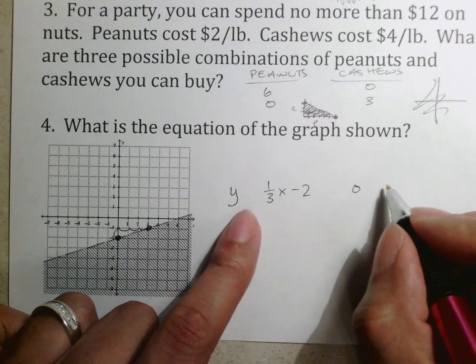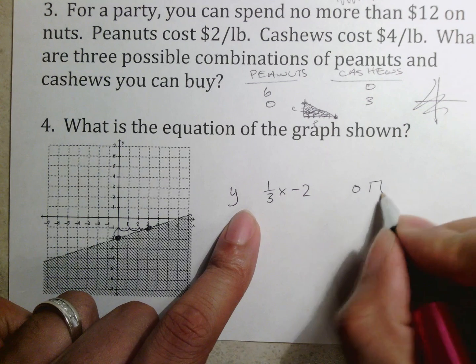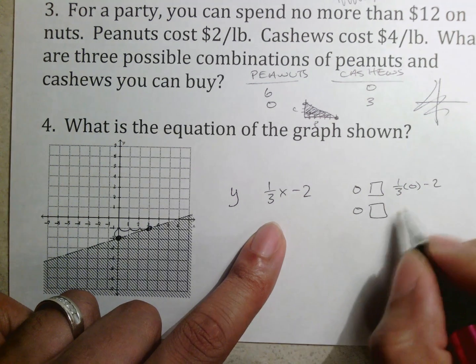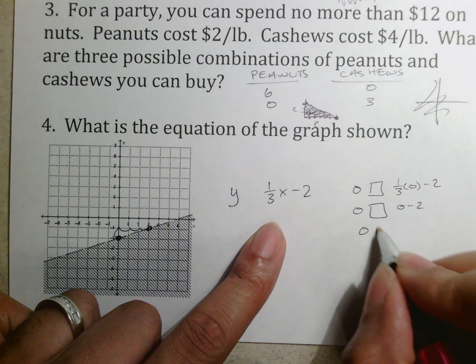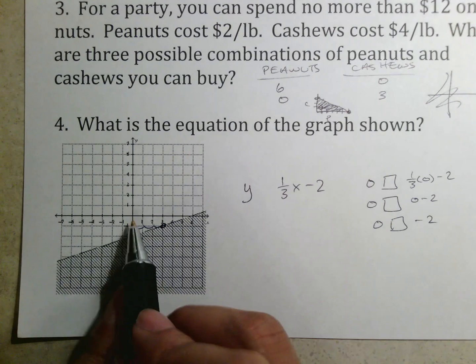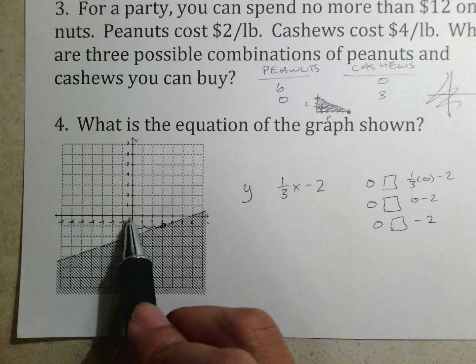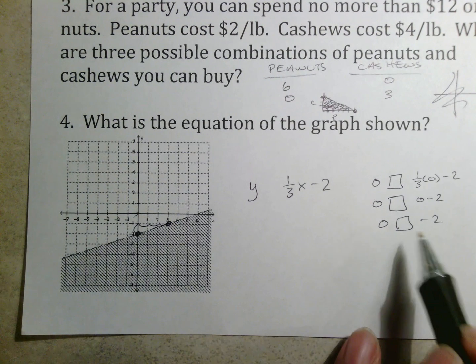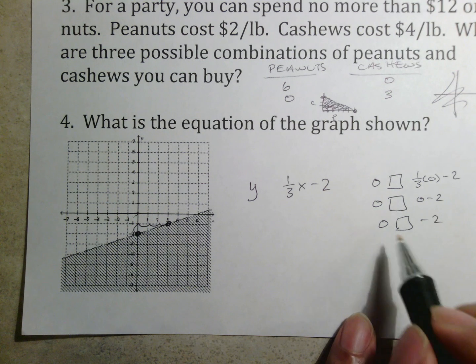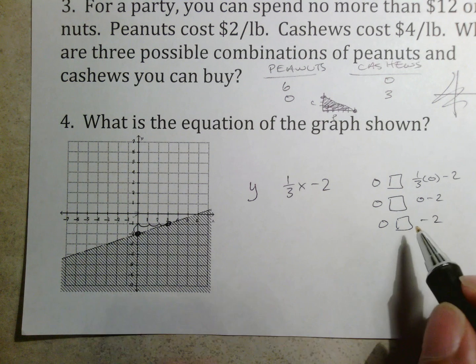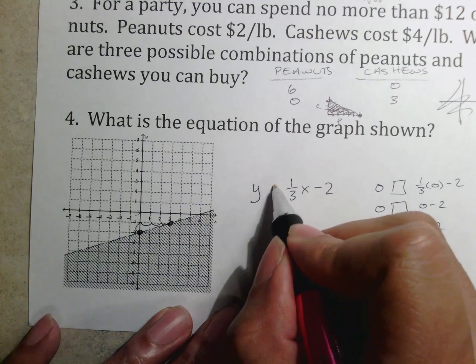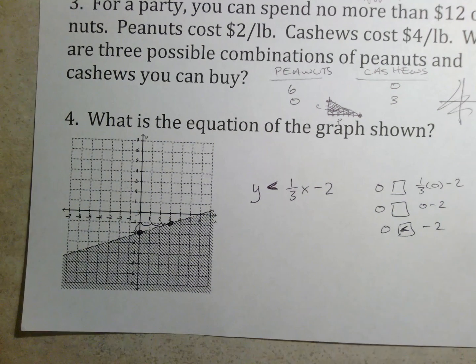So 0, again I don't know what the symbol is, 1/3 times 0 minus 2, which is 0 on one side and -2 on the other. Again, this should be false because we're not shading towards (0, 0). And if it should be false, then the line is dotted. It should be here with that symbol going on. Alright.